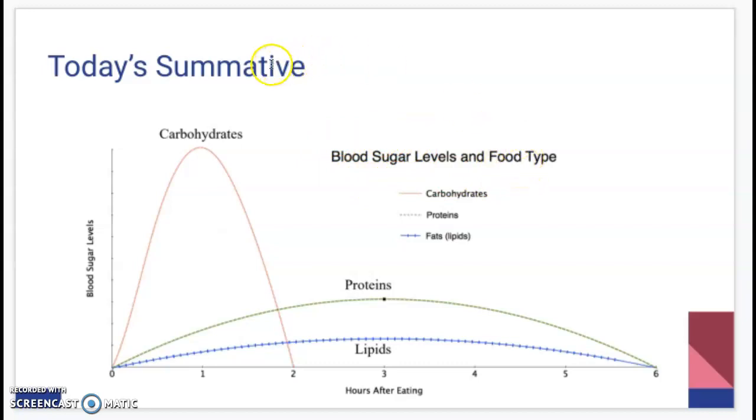So you're going to be asked to talk about the trend for each of these macromolecules. And we're looking at a time frame of hours after eating versus the blood sugar levels.